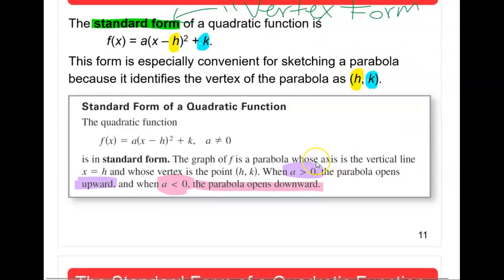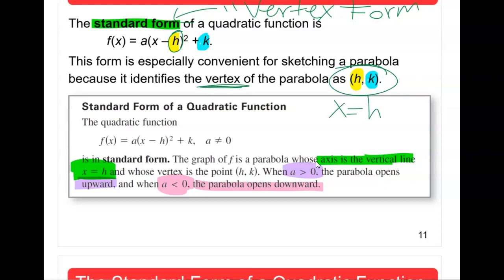Okay, so that is the axis of symmetry. Let's highlight that: the vertical line x equals h. And remember, it is the h that comes from the vertex. So if the vertex is h comma k, x equals h is the axis of symmetry.